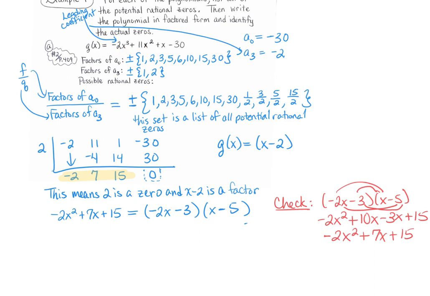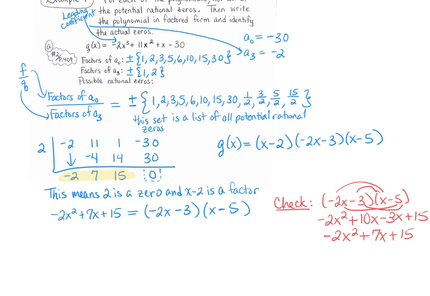So that means g of x would be x minus 2. We ended up with a degree 2 polynomial, so our other 2 linear factors would be what? Good. And x minus 5. Good. Okay, so this is not this question, but if we have a degree 4 polynomial, how many linear factors should we have? 4 linear factors.